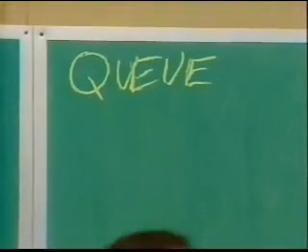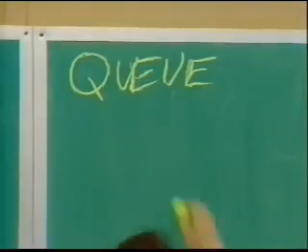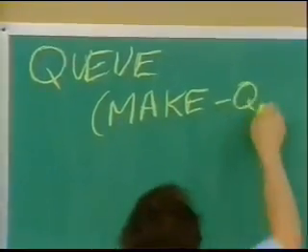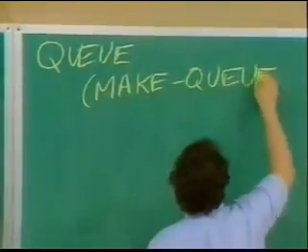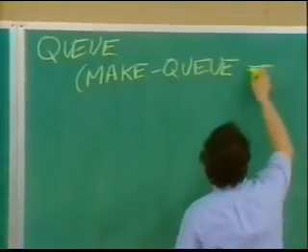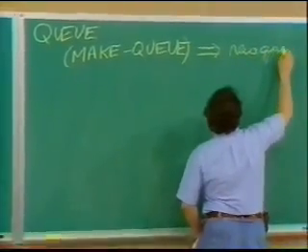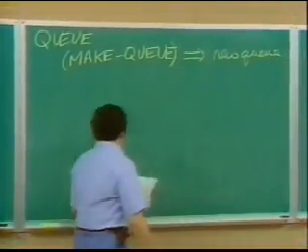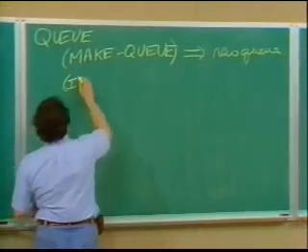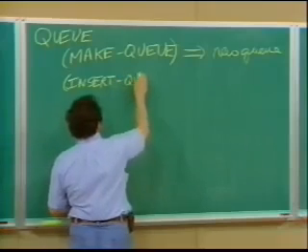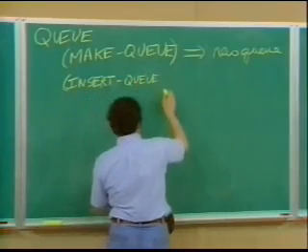A queue is going to have the following primitive operations. To make a queue, this gives me a new queue. I'm going to have to be able to insert into a queue a new item.